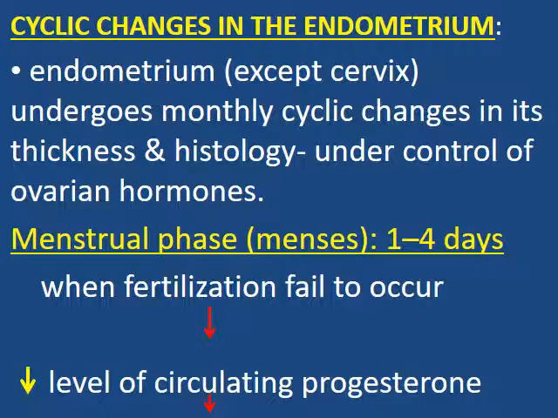Now cyclic changes occur in the endometrium. The endometrium undergoes monthly cyclic changes in its thickness and histology under the control of ovarian hormones. In menstrual phase, which lasts for 1 to 4 days, when fertilization fails to occur, the level of circulating progesterone drops down.